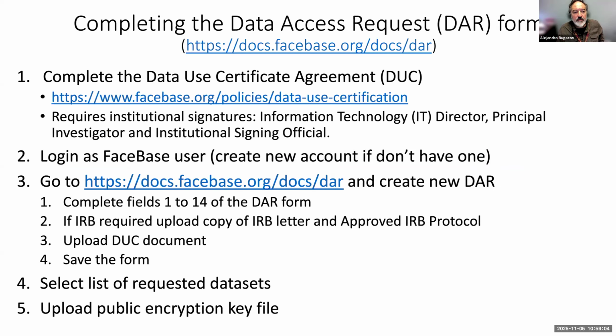So let me give you a little more information on how to complete this data access request form. Everything is available on our website, and here are the actual links. First you need to complete a form called the Data Use Certificate Agreement, which is available on our site.